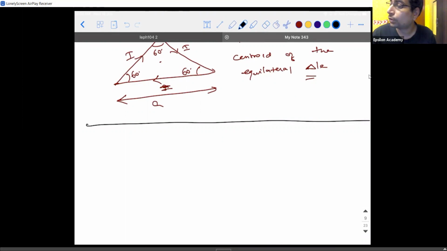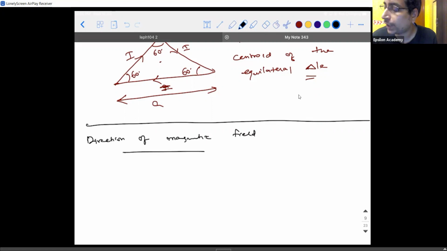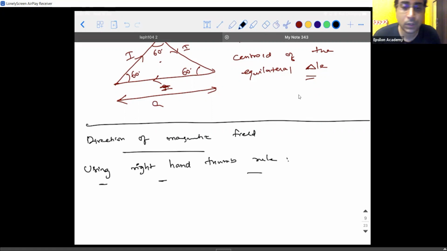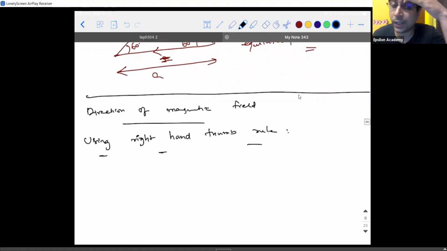So moving on to the next concept. I told you about finding the direction, right? So direction of magnetic field, how to find them using right hand thumb rule. So how are we going to find using the right hand thumb rule?